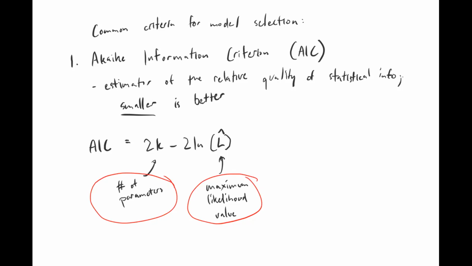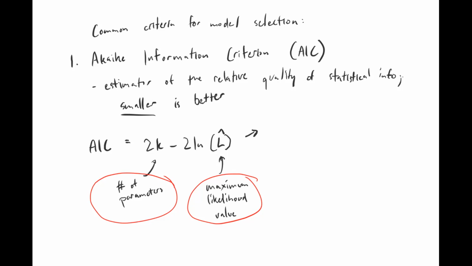Yes, I can improve my maximum likelihood value by increasing the number of parameters, but that comes at a cost as defined in the AIC. Most of the criteria we're going to talk about now are essentially a reflection of this.